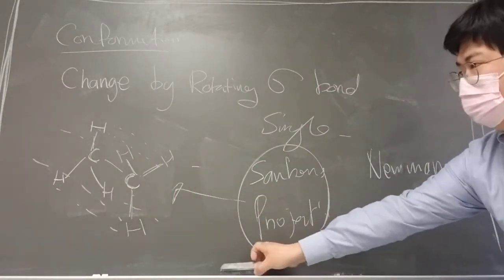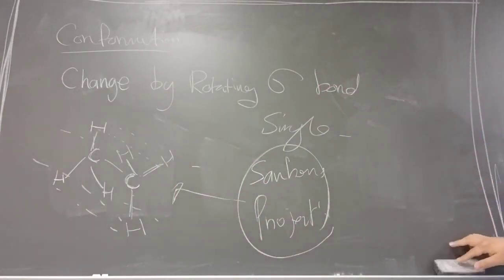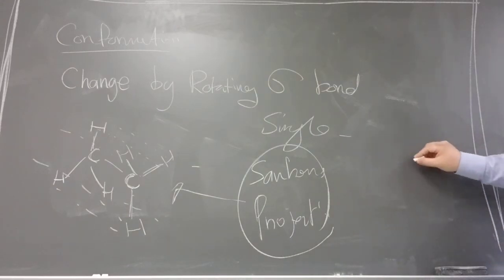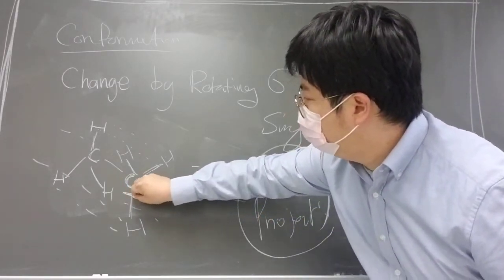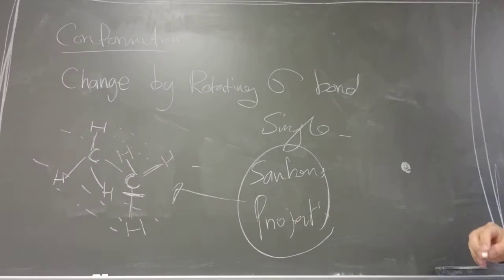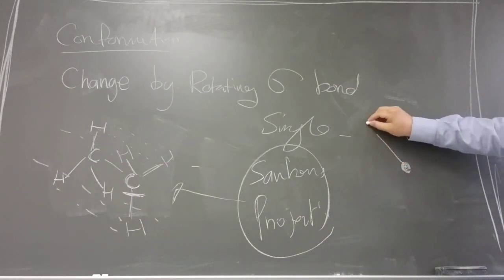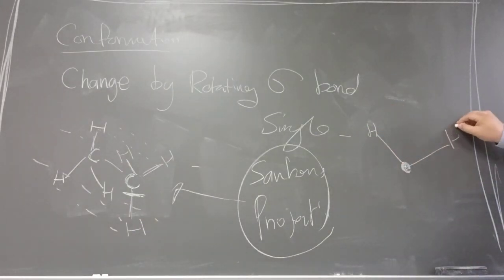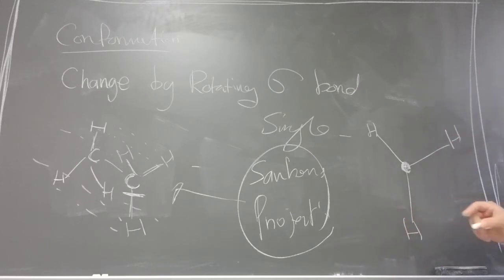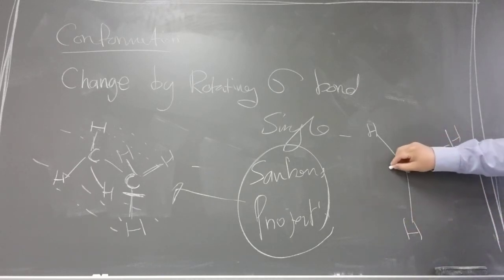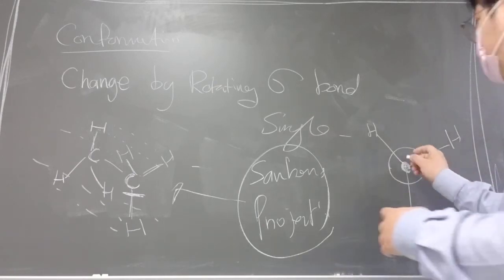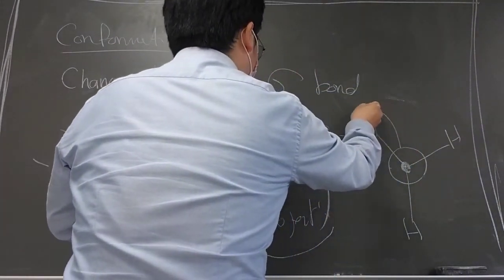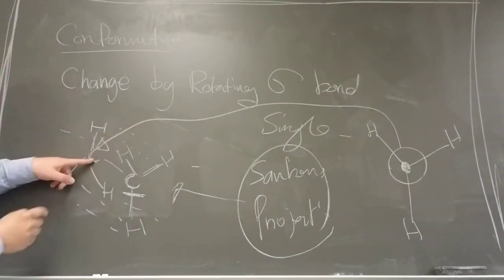So normally what we do for this one is the Newman projection. This is a small dot here. This is the front carbon, so this is this carbon right here. Okay, and I draw the bondings to the hydrogen, maybe like this. Okay, and I'm going to draw a bigger, empty circle right on the center. That big center is this carbon right here on the back.